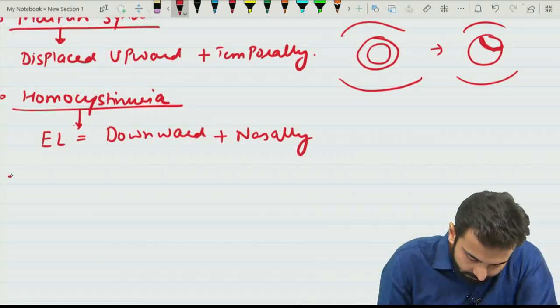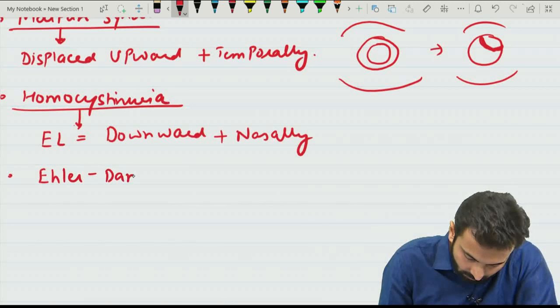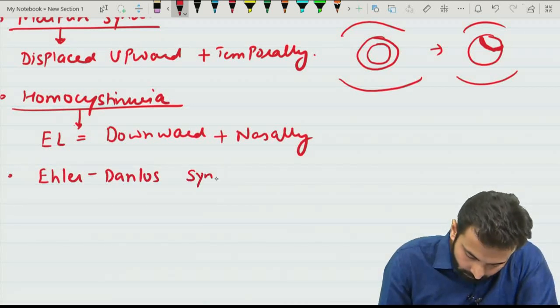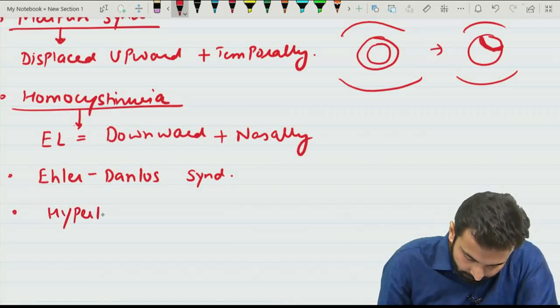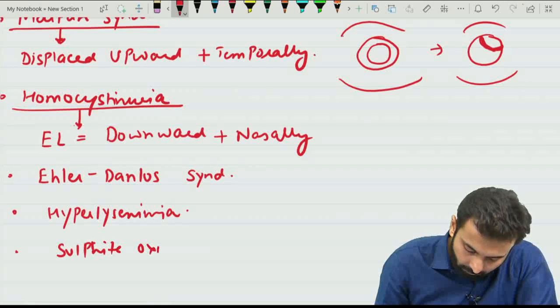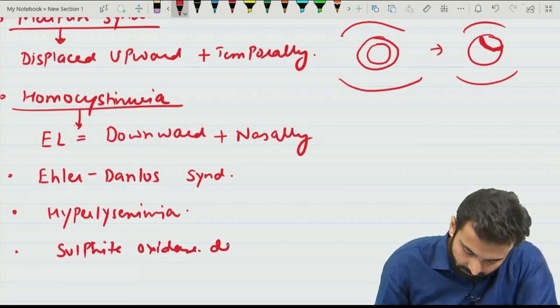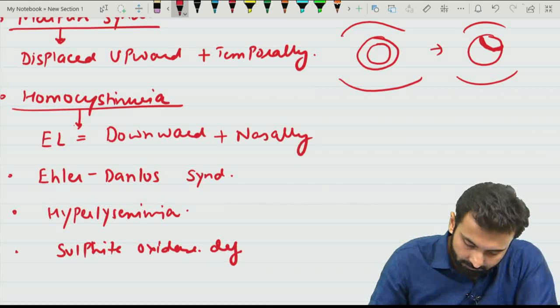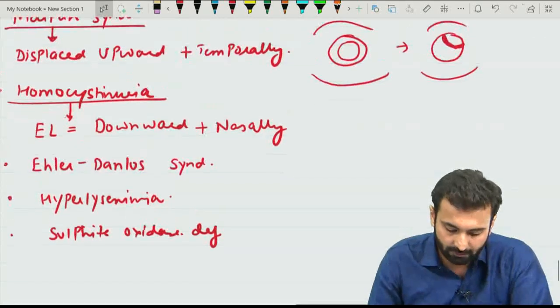Now, third syndrome associated with ectopia lentis is Ehlers-Danlos syndrome. Then you should also remember other causes: hyperlysinemia, and the last cause, sulfite oxidase deficiency. So these are the congenital causes.